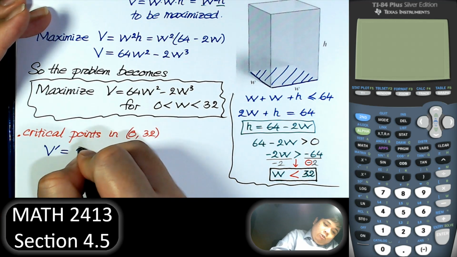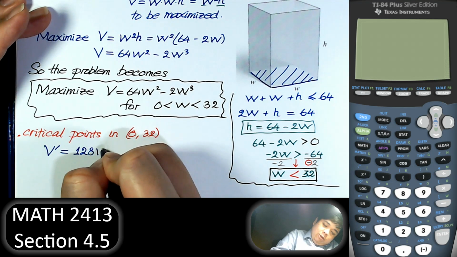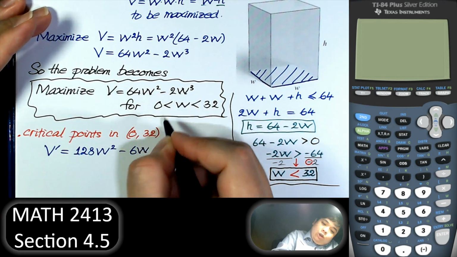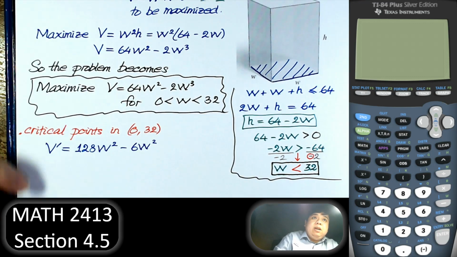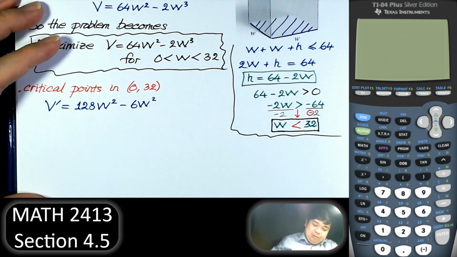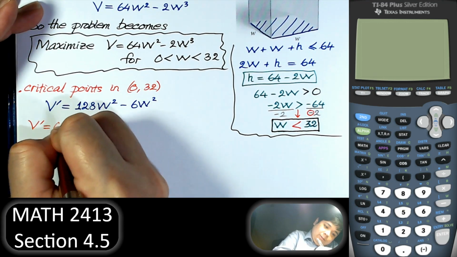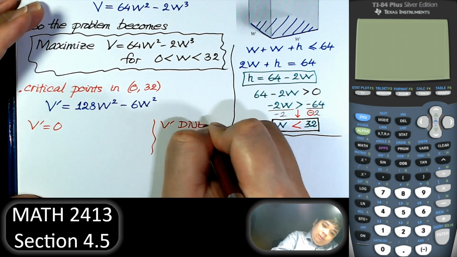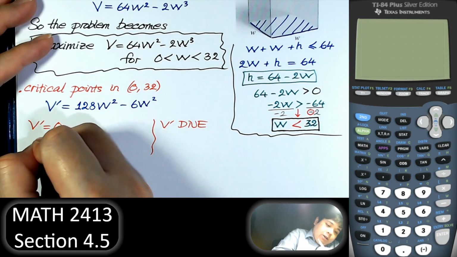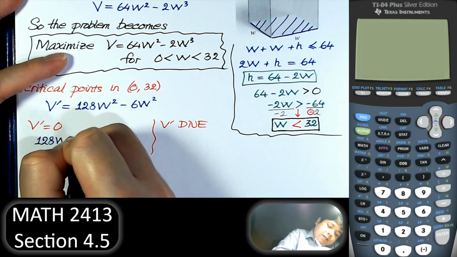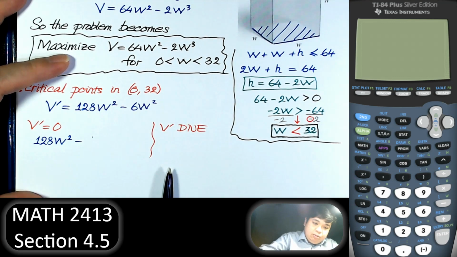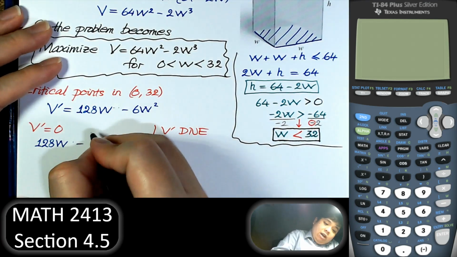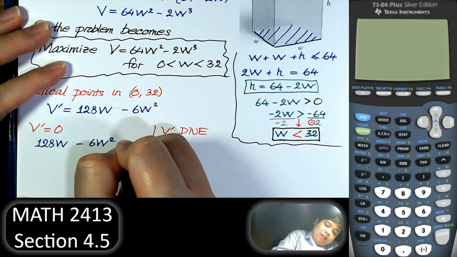Derivative, take down the 2 times 64 is 128w minus 6w squared, equal to 0, or does not exist. So 128w minus 6w squared equal to 0.